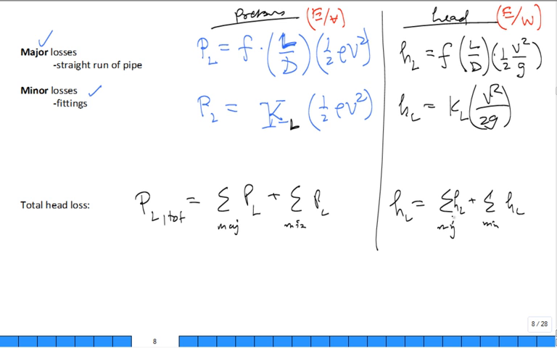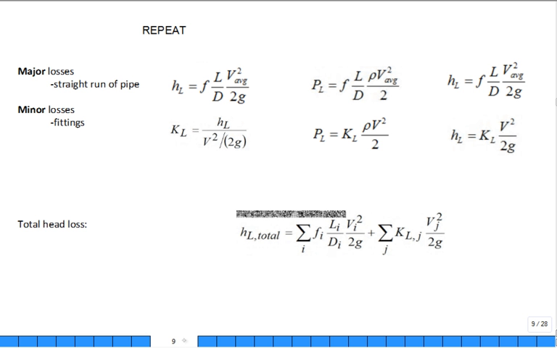That makes sense? Here it's written a little better because it's so important. So I repeat. You have the pressure loss, f L over D multiplied by that term. Velocity pressure, head.